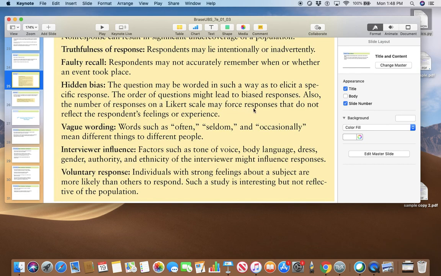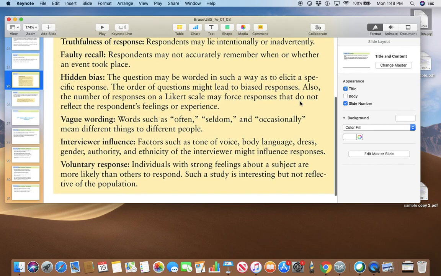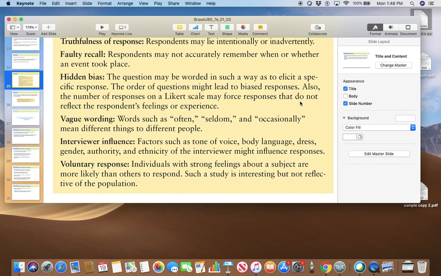The order of questions might lead to biased responses. Somebody chooses the worst dish on the menu and says, tell me, how does it feel? Now, after that, if it's a terrible dish, any dish that comes along, you will probably have made up your mind. So the order of questions can lead to biased responses.